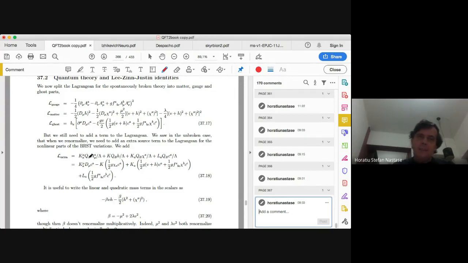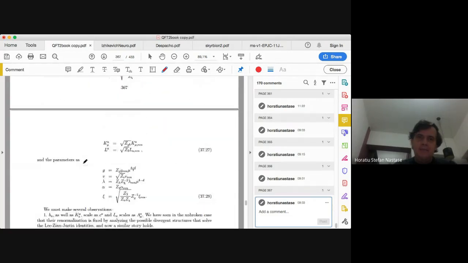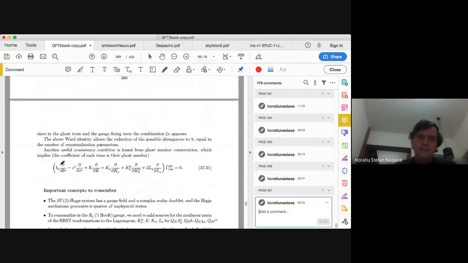The QB on A is proportional to C. So this has the ghost number of C, right? And then K there correspondingly has the ghost number of B. So I have to add K ∂/∂K, since I had plus B ∂/∂B. I have to add K mu A ∂/∂K mu A.